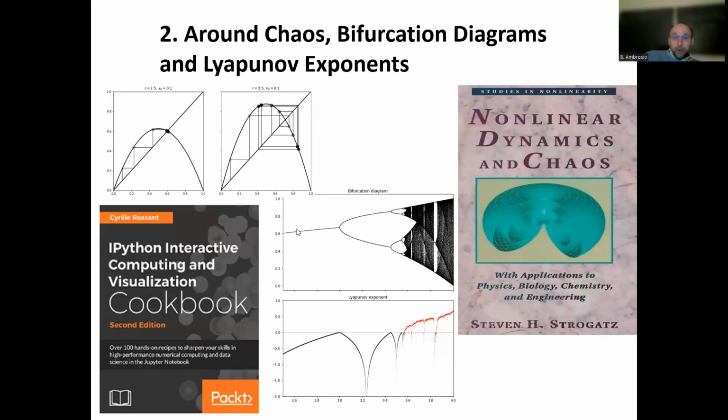So what this bifurcation diagram represents: you start with R, you have a fixed point that will attract the trajectories.